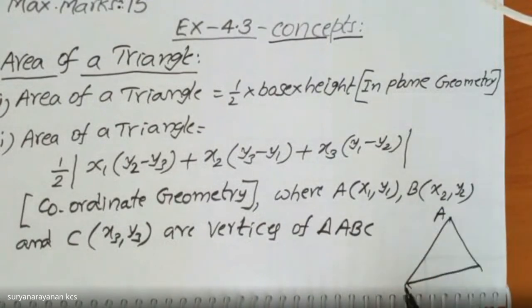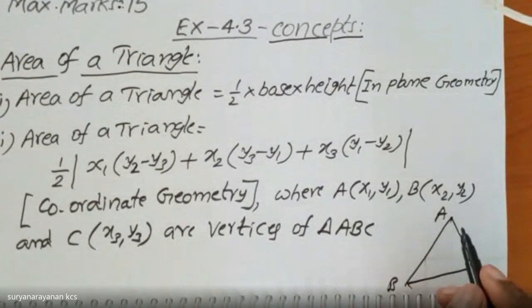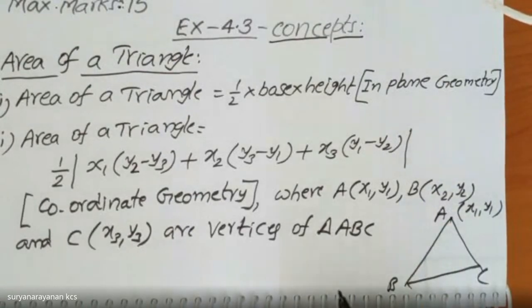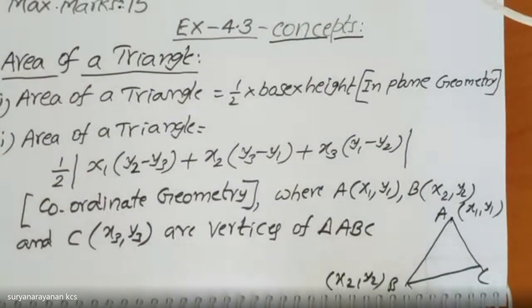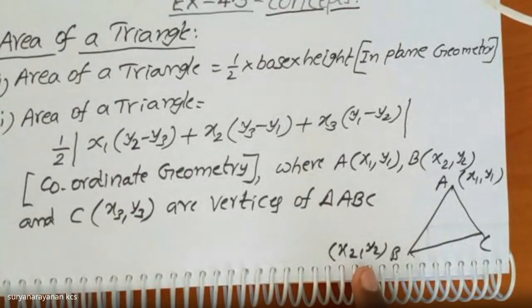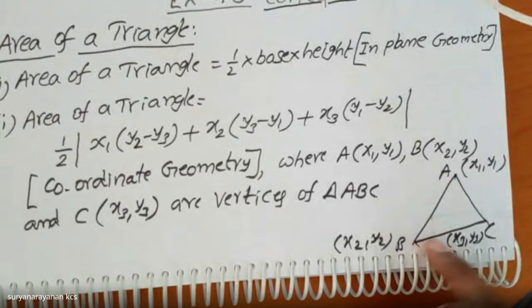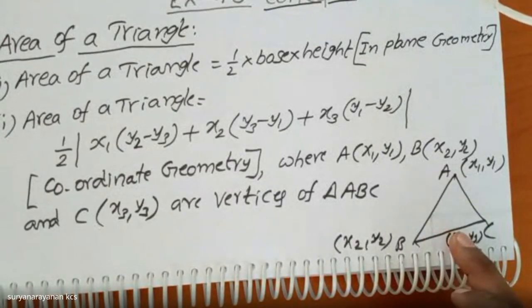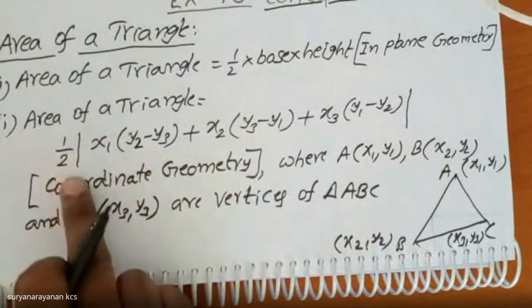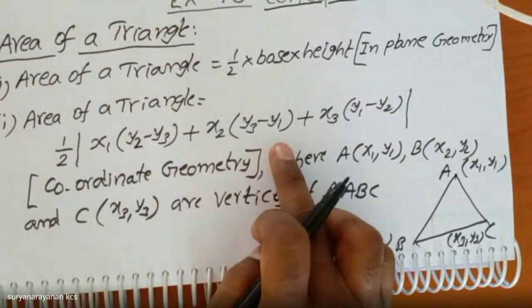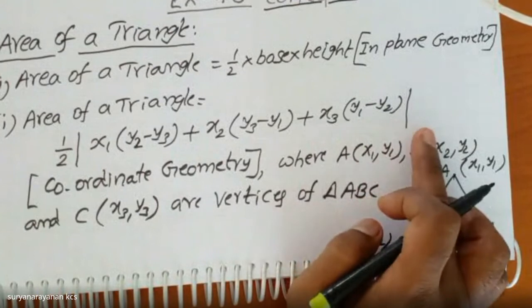If the triangle ABC is given, then the vertices A, B and C: the ordered pair x1 comma y1 is the coordinates of the point A, ordered pair x2 comma y2 is the coordinates of the point B. Similarly, ordered pair x3 comma y3 are the coordinates of the point C. If vertices of triangle ABC are given, then we use this formula 1/2 modulus of x1 into y2 minus y3 plus x2 into y3 minus y1 plus x3 into y1 minus y2.